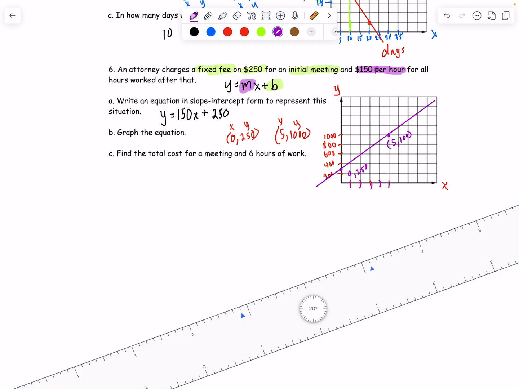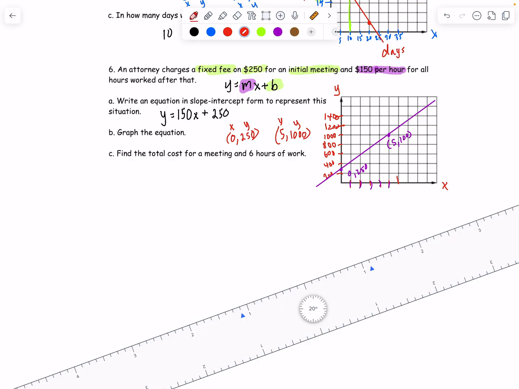Then question 6c says, find the total cost for a meeting and 6 hours of work. All right, so now they want to know the cost after 6 hours of work. So I'll add another one. This will be 1,200. This will be 1,400. And this is 6 right here.